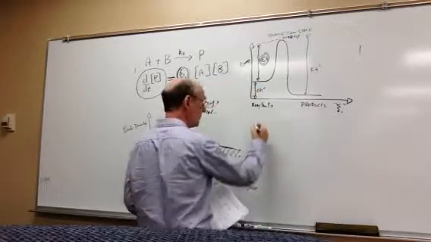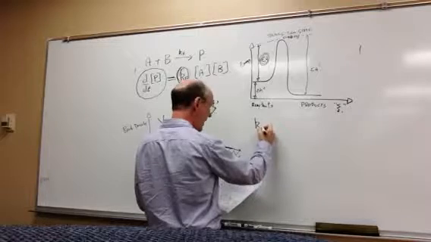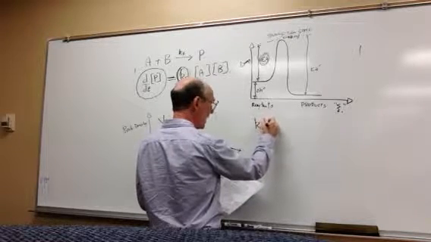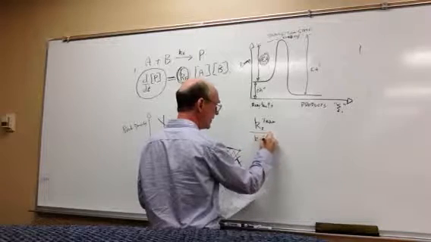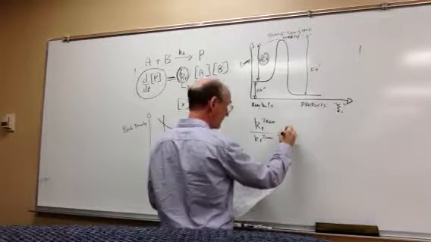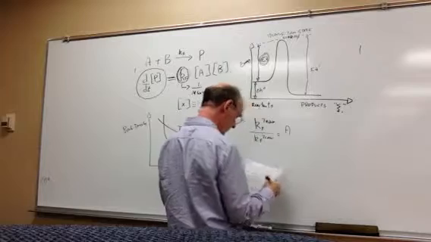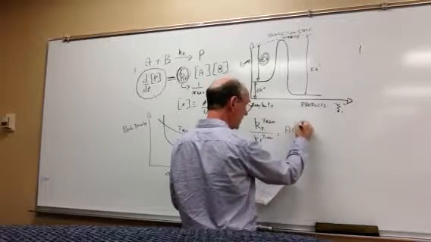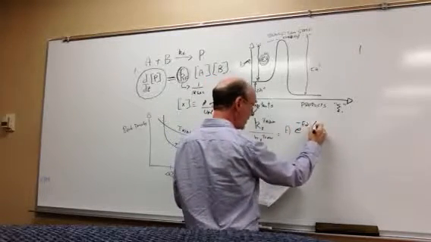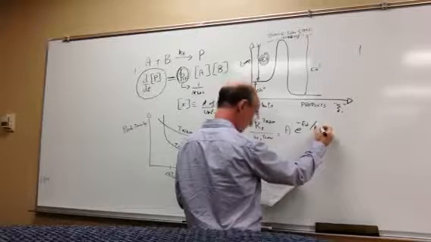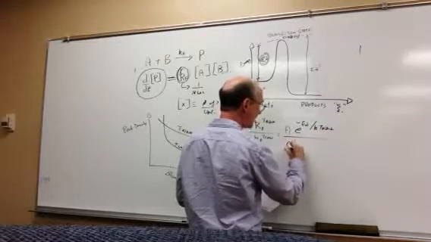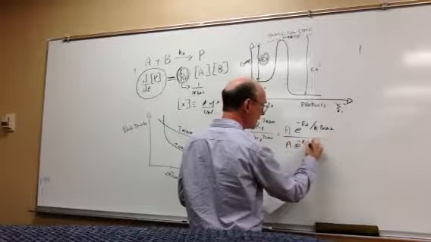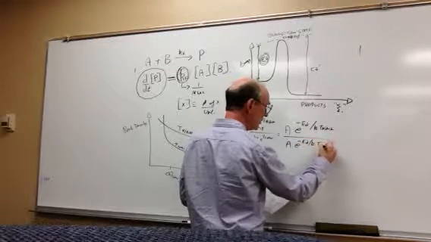But to be more specific, you can compute the effect as Kf at T high over Kf at T low, taking the Boltzmann equation: A e to the minus Ea over k Boltzmann constant T high, over A e to the minus Ea over k T low.